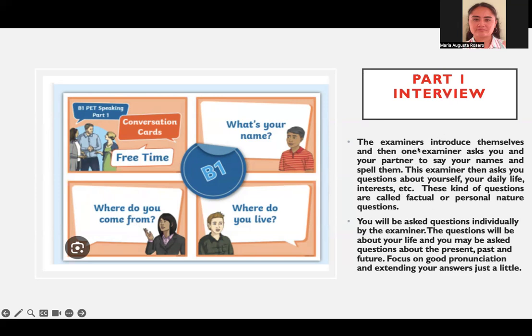But this is what you have to take into account. The examiners introduce themselves. This is the first thing they do. And then, one examiner asks you and your partner to say your names and spell them. Don't forget, they introduce themselves and then just one examiner asks you, and not only you but your partner as well, to say your names and spell them.